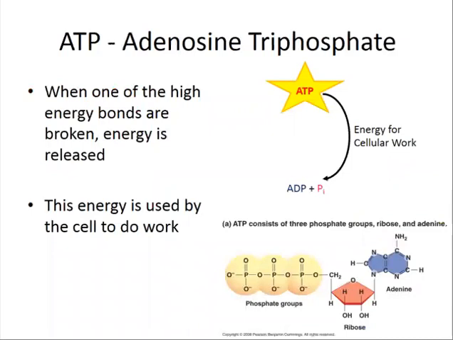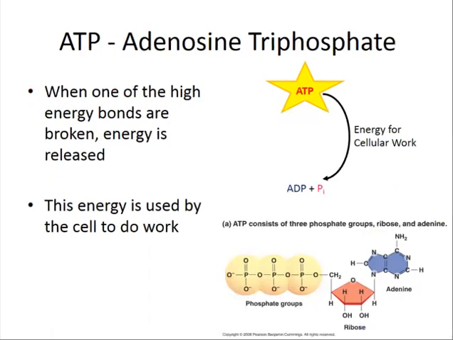So ATP, adenosine triphosphate. Let's take a close look at an ATP molecule. An ATP molecule is formed by adenine, ribose, and three phosphates. That's why it's called adenosine triphosphate. It's connected by three high energy phosphate bonds.